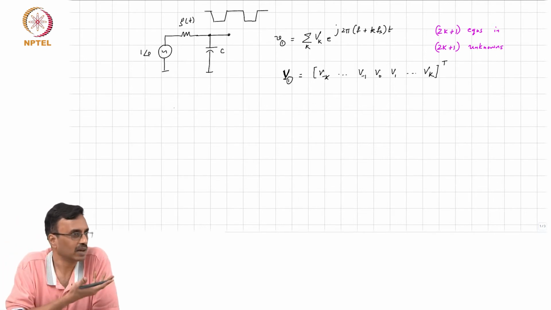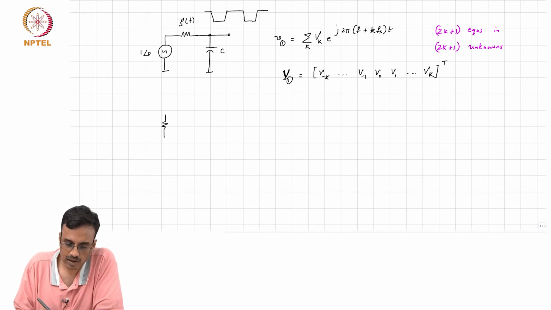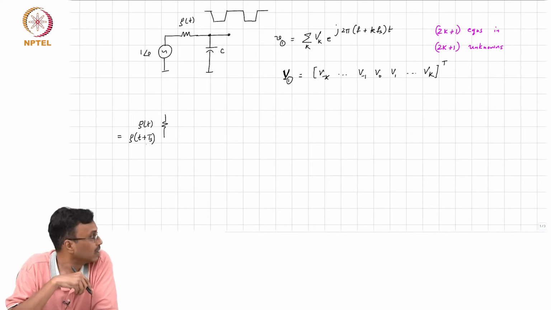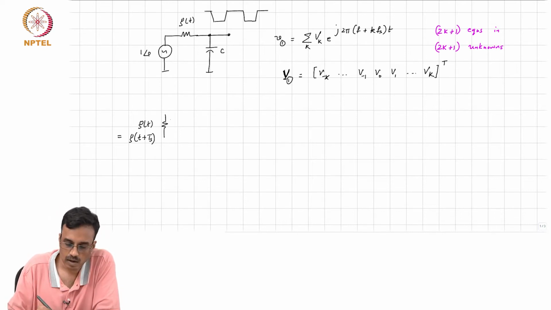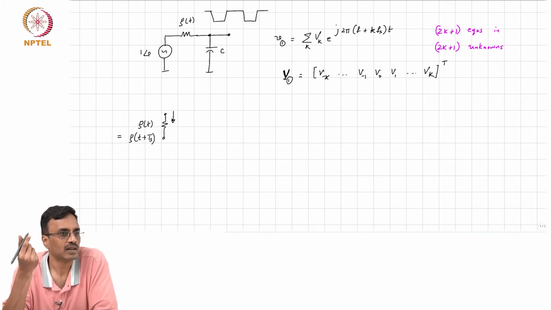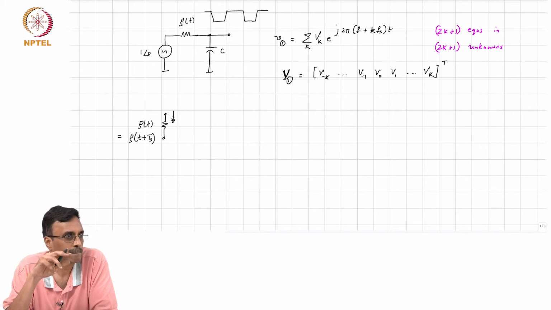We have to do the same thing here too, except now we have to deal with the fact that if you have an element, say G of t, which is varying periodically with period Ts, G of t plus Ts, then you need to relate the current phasor with the voltage phasor, correct?